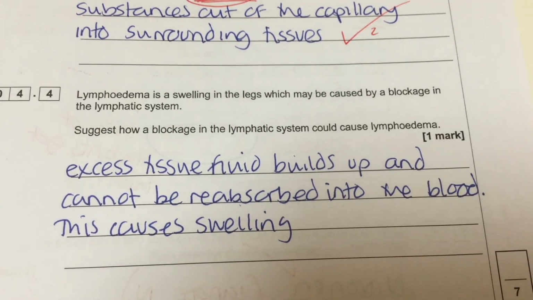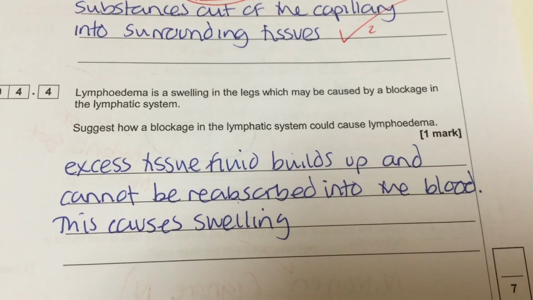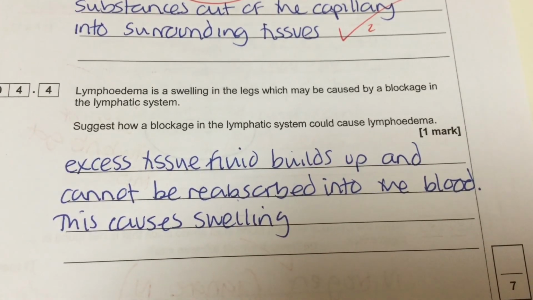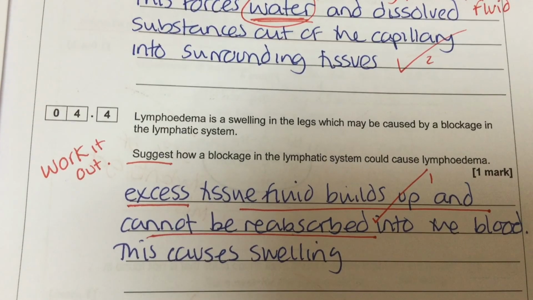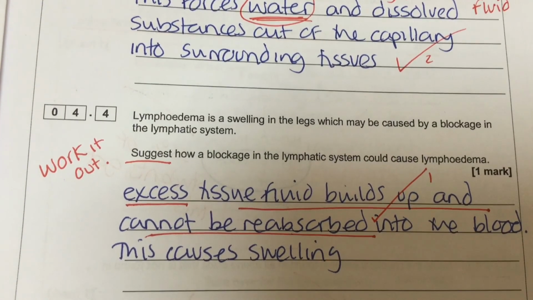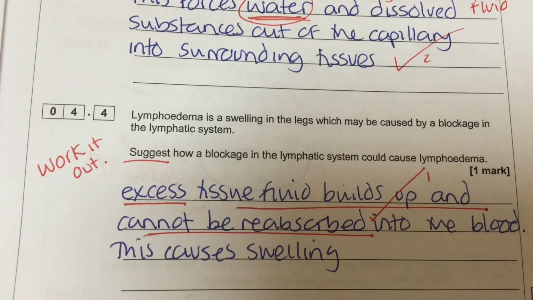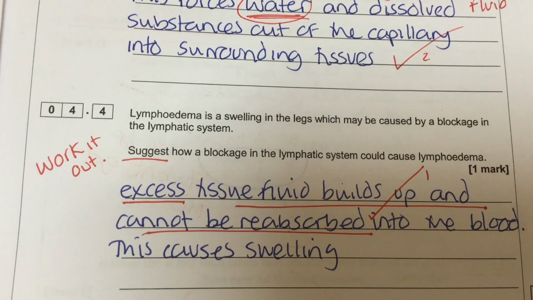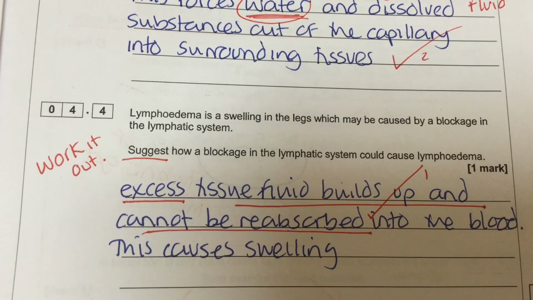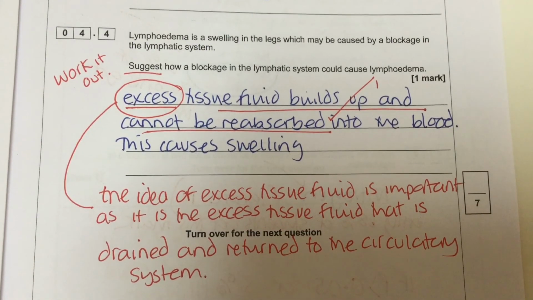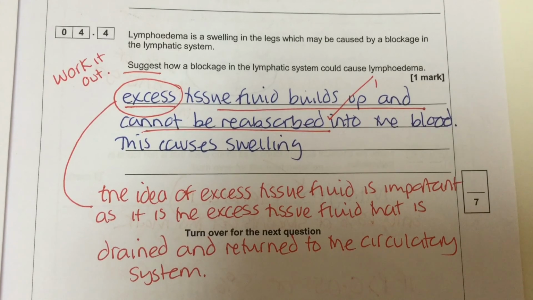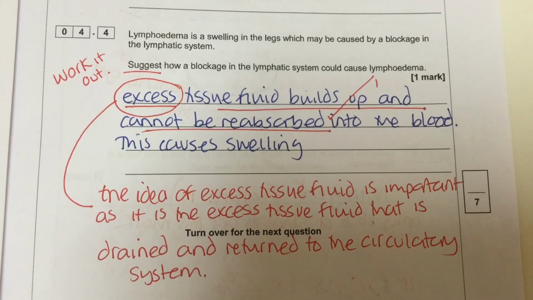And it's the idea of the excess tissue fluid that is draining away. Remember that the cells around that capillary bed will remain bathed with tissue fluid, but the extra stuff that's being forced out of the capillary blood vessels needs to be returned to the blood. So it's the excess tissue fluid. Now, I know how 27% of students will have managed to score 0 marks on that, because they will have talked about normally.